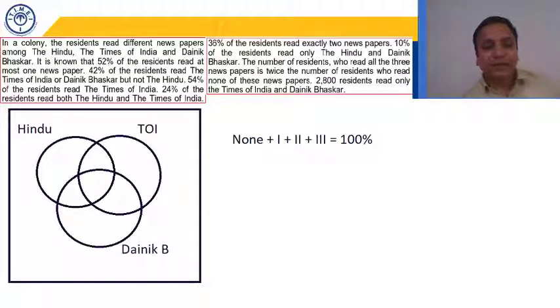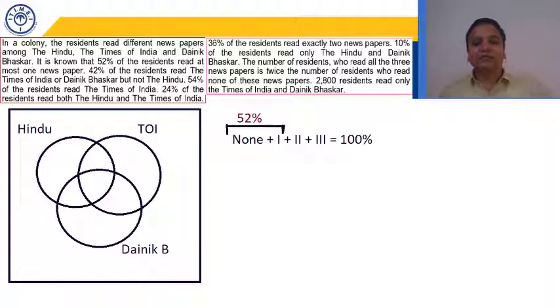Now it's saying it is known that 52% of the residents read at most one newspaper. What comes in at most one? At most one is none plus exactly one. So can we safely say this region is 52%? None plus exactly one. So what is left?